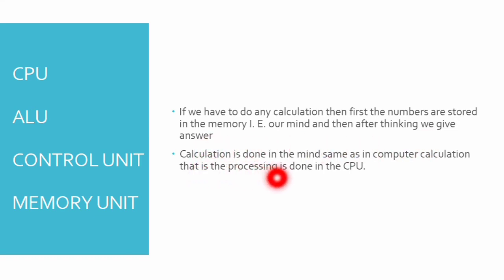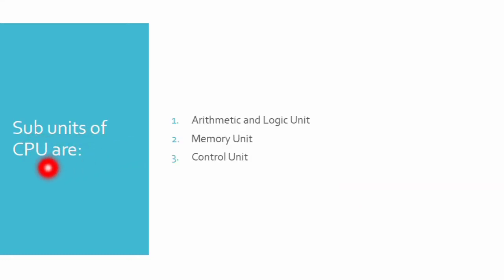So calculation is done in the mind, same as in a computer, where the processing is done in the CPU. Therefore you can say that CPU is the brain and heart of a computer. Subunits of CPU are ALU, arithmetic and logic unit, MU, memory unit, and CU, control unit.